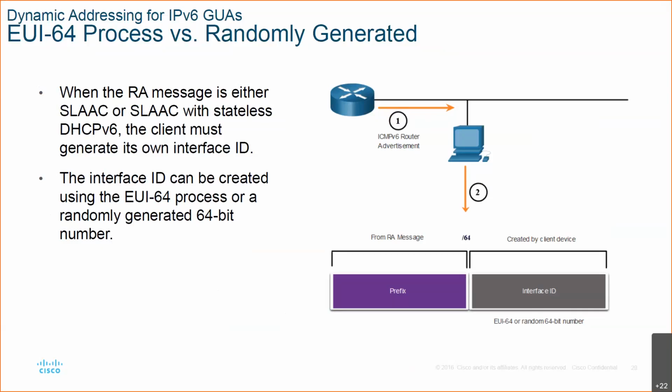When you use EUI64, it will use your MAC address, change that MAC address, and create a host portion for your address. We'll look at that. Or it will randomly generate a value.